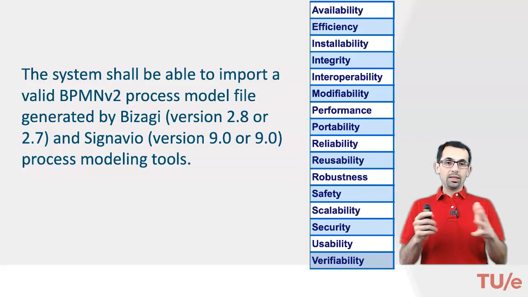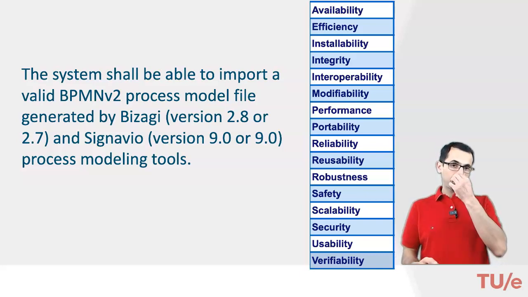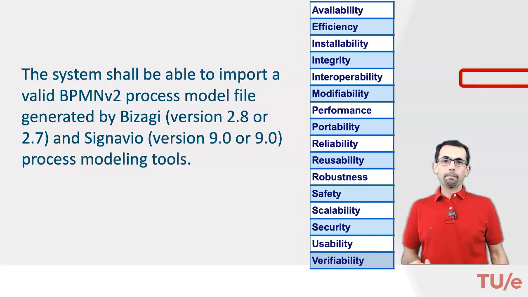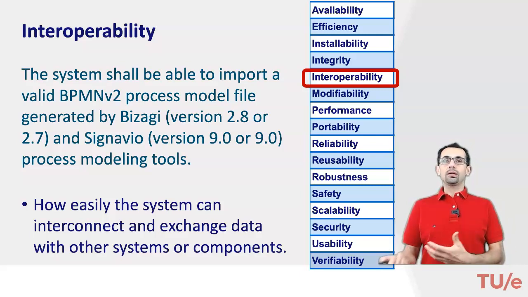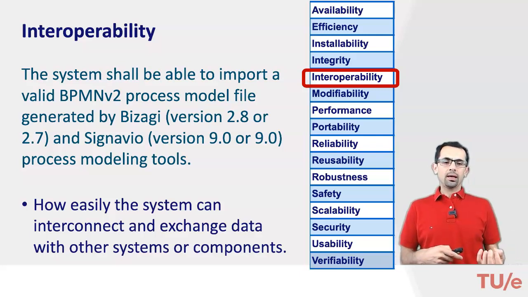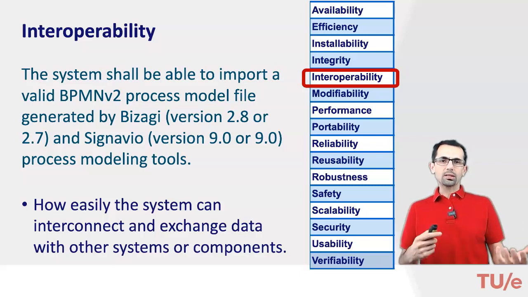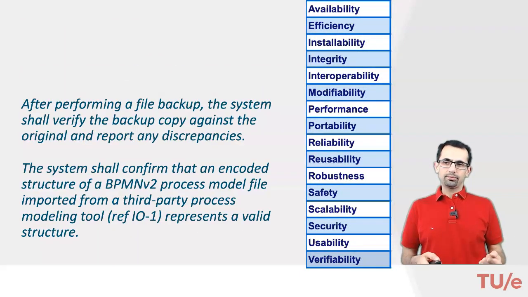Anyway, which quality attribute do you think this statement is for? Interoperability: how easily the system can interconnect and exchange data with other systems or components. That refers to the ability of the system to exchange data, and whether you're using some standard data exchange mechanisms to ensure that.